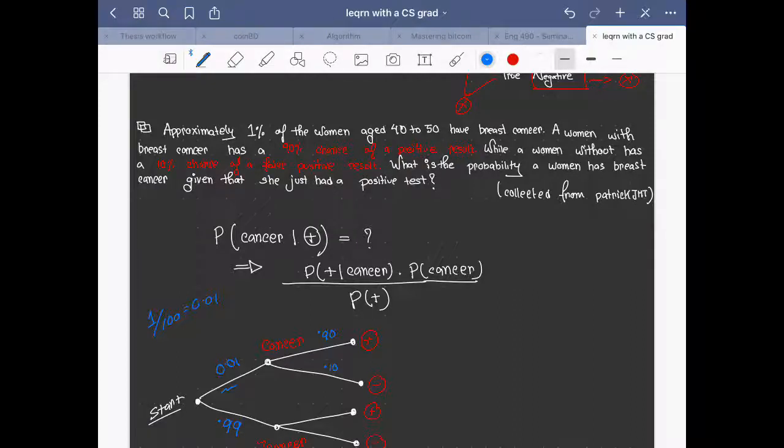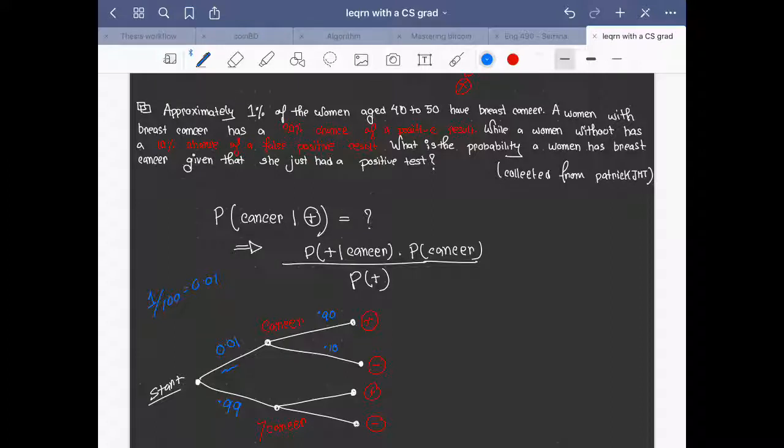And a woman without cancer has a 10% chance of a false positive. So this portion means the woman doesn't have cancer but is still tested positive. So it would be 0.10, and this would be 0.90.